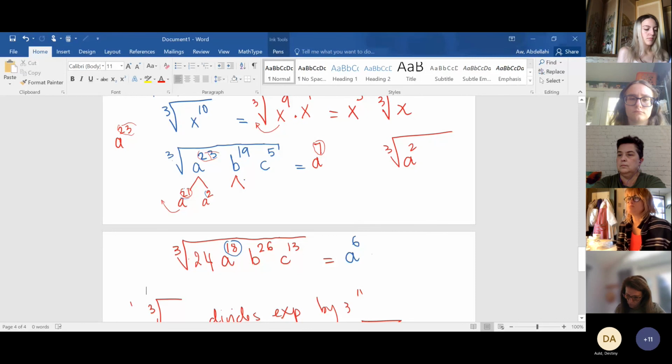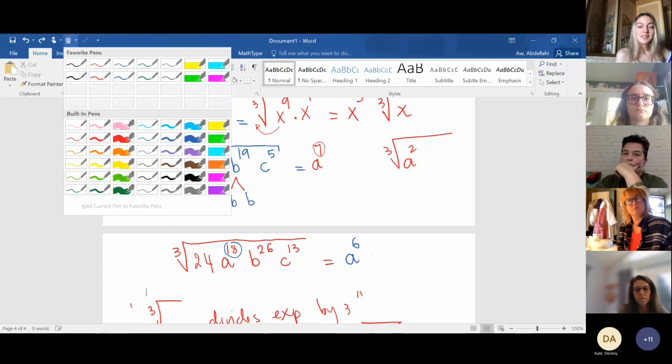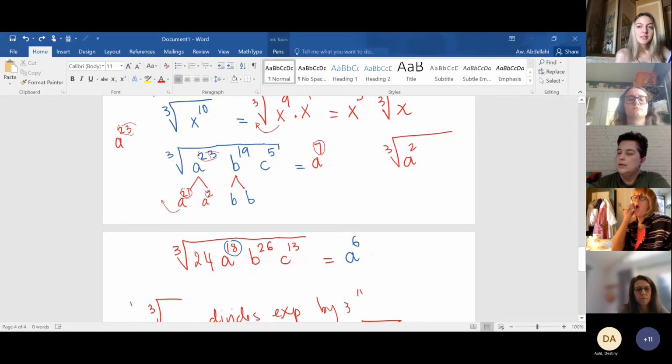The 19 here, how am I going to break down 19? What power and what power? What number am I going to use? To the 15th and to the 4th. Okay, thank you very much for saying 15. 15 is good, but it's not the optimum choice.